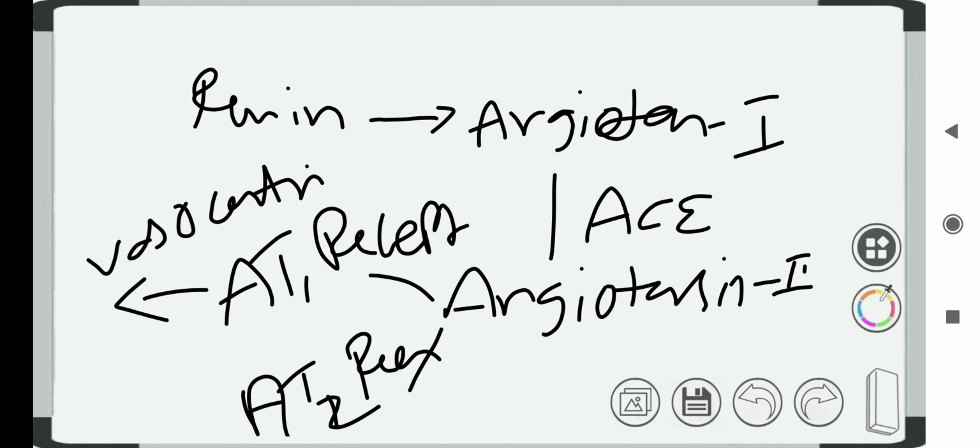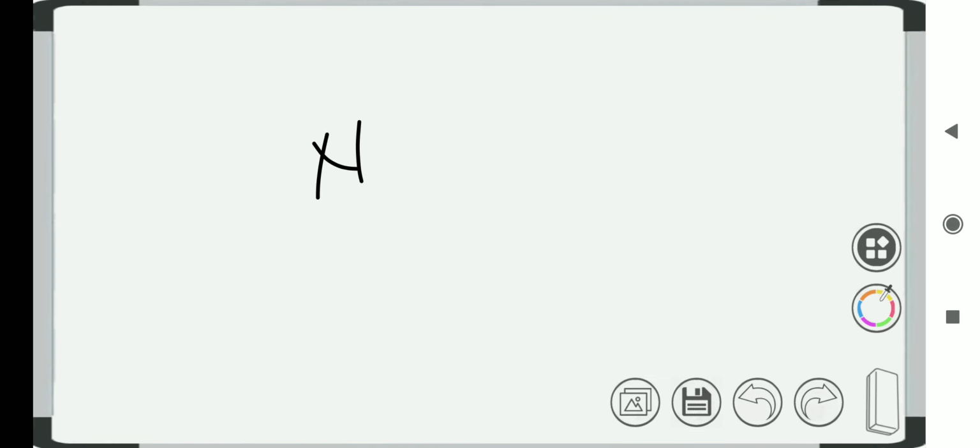Now if you see in depth what the ACE structure resembles, ACE will have two functional domains, one N domain and another one C domain. So it will have two different functionalities. C will carry out the blood pressure regulation, N will play an important role in hematopoietic stem cell differentiation and proliferation. ACE inhibitor binds to and inhibits the activity of both the domains but with greater affinity to the C domain.